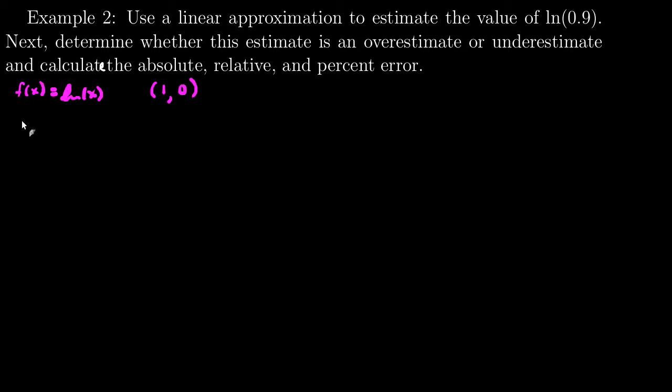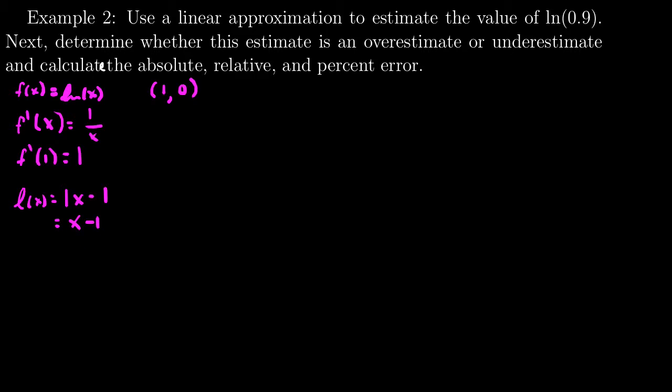I need to find the slope to get the linear approximation. So f prime of x, the derivative of natural log, is 1 over x. f prime of 1 is 1 over 1, which is 1. So my linear approximation will basically be L of x equals 1x minus 1, or x minus 1.